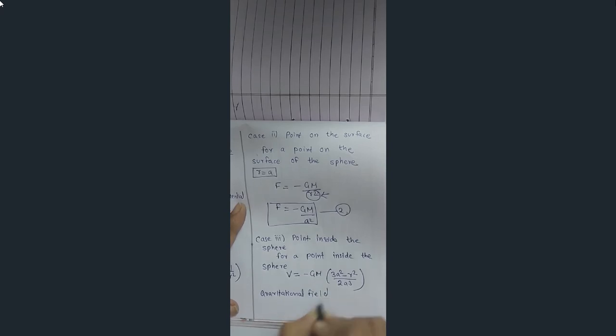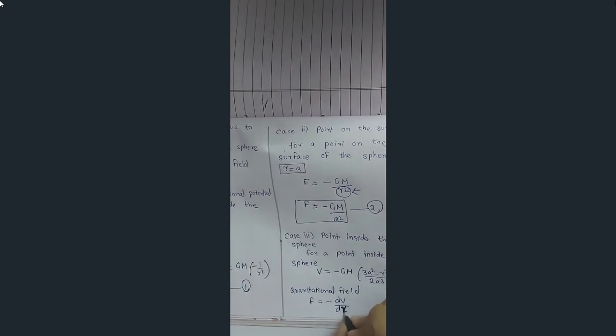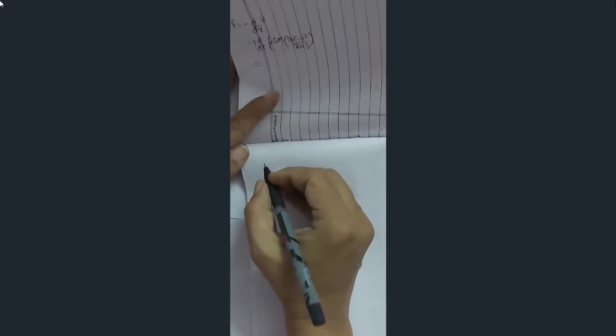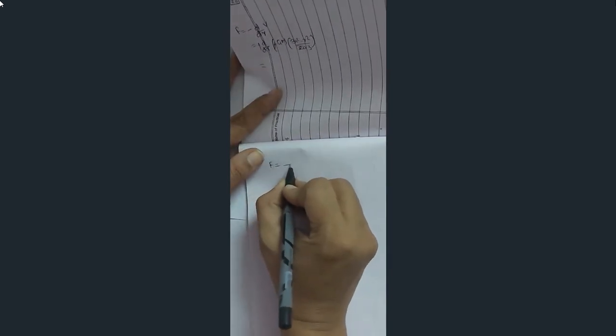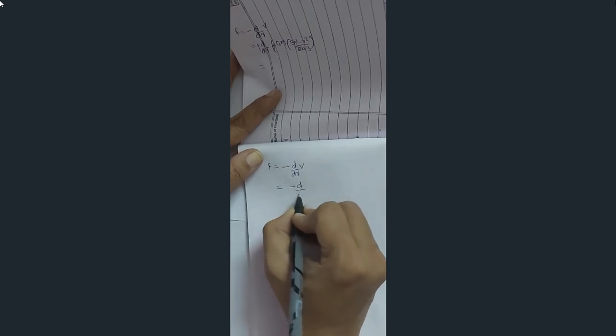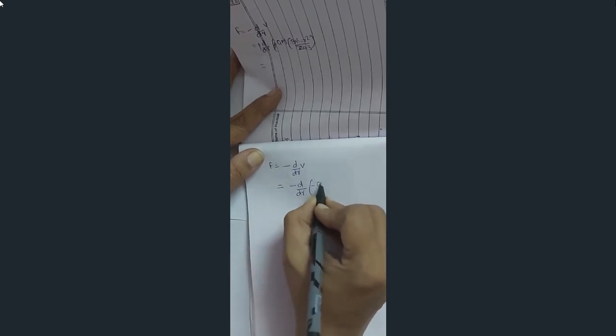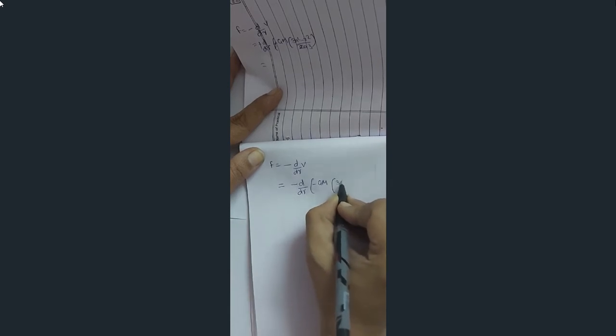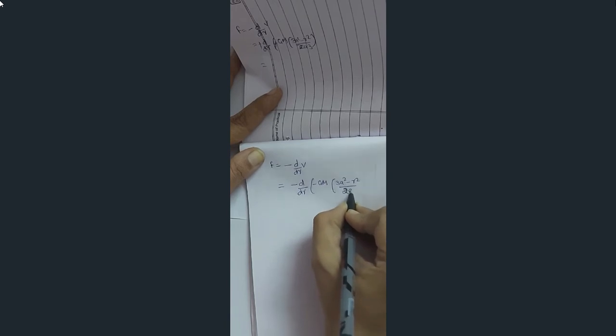is given by F is equal to minus dV upon dx. Here we will take r instead of x because here the distance is r. Therefore we obtain F is equal to minus d/dr of V is equal to minus d/dr of minus GM (3a square minus r square) upon 2a cube.